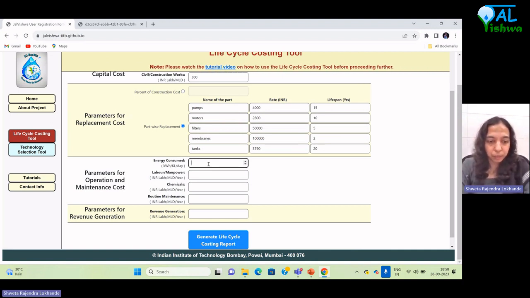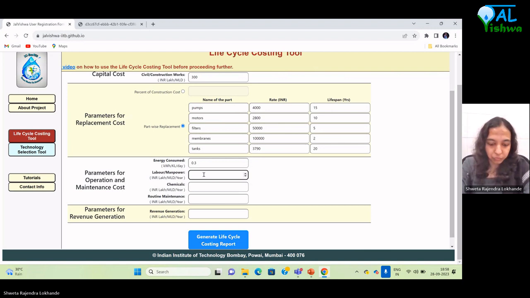So again, for parameters, I am entering some cost components.